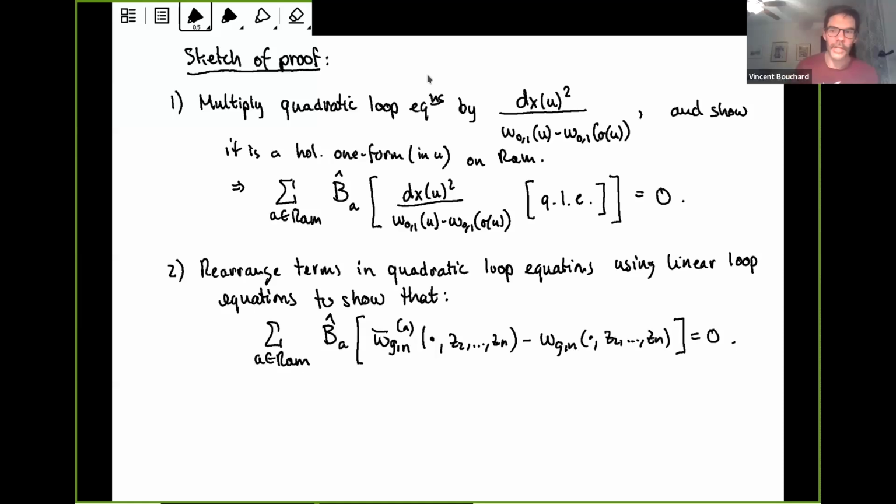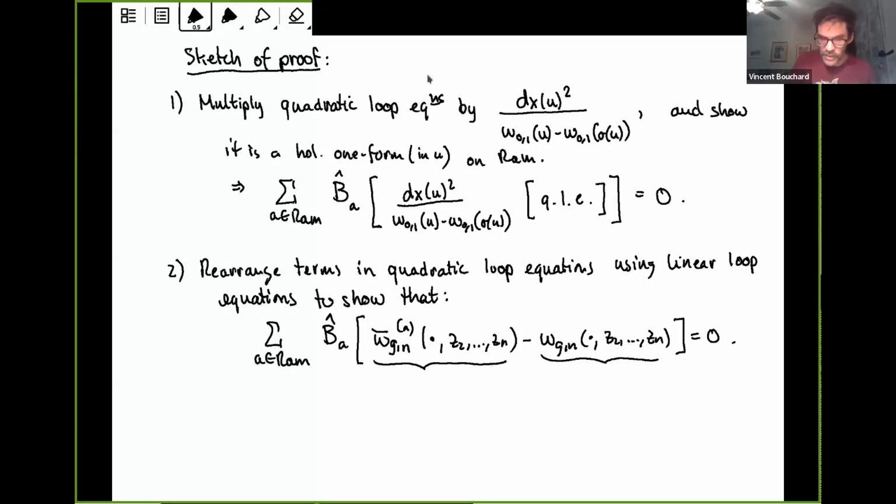And then the second step here is just manipulations of equations. So this is where you have to do some work. But using the linear loop equations, you can rearrange the terms in the loop equations inside these projection operators and show that you can rewrite it as the first term here, which remember is the omega bar that I introduced earlier, which was basically this thing that appears on the right-hand side of topological recursion.